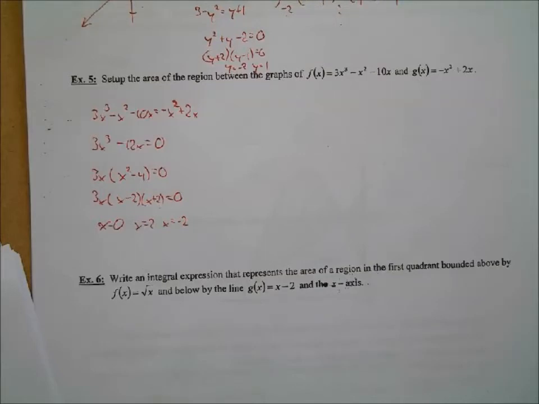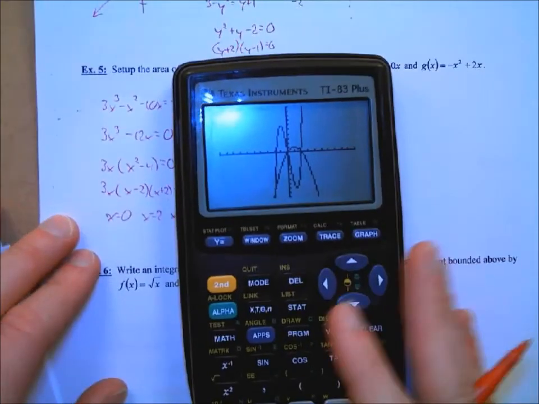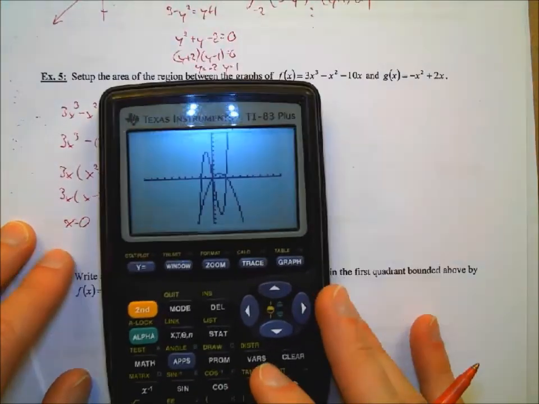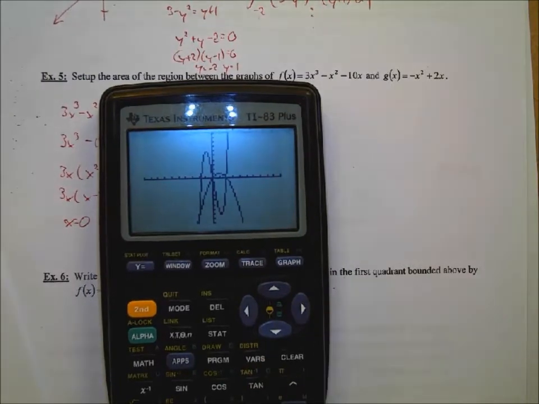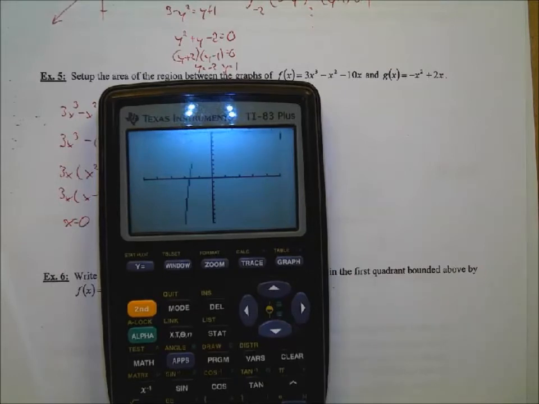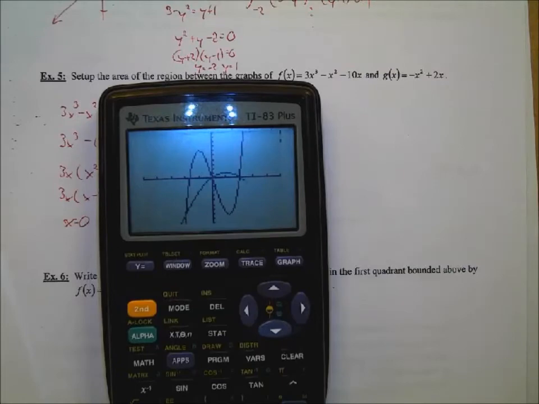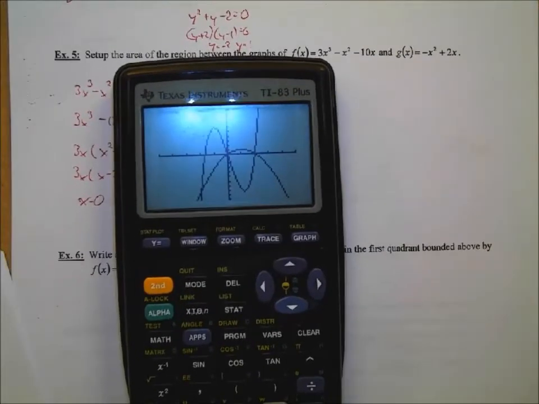Well, let's see if it'll show up on my graphing calculator here. Yes, it do. And let me maybe adjust my window here. So there's our first curve, F, and there's G. We're getting 3 bounds because we have, how many regions created by these intersecting curves? 2 regions are being created.